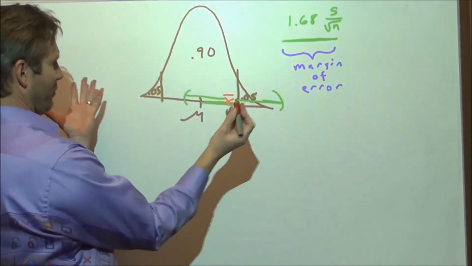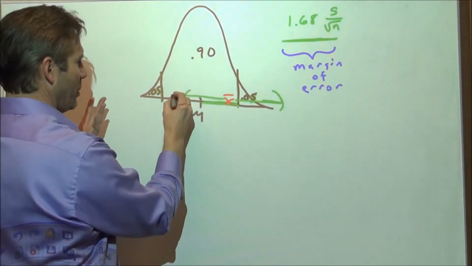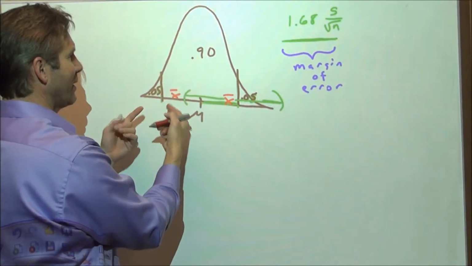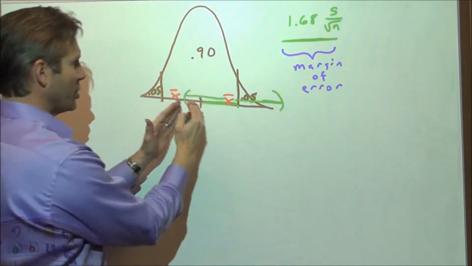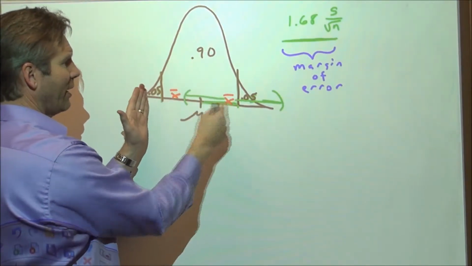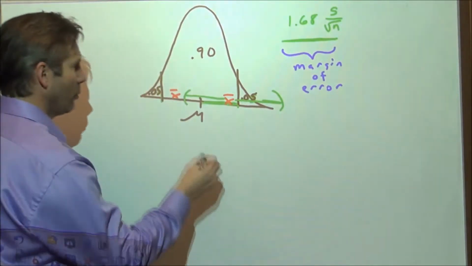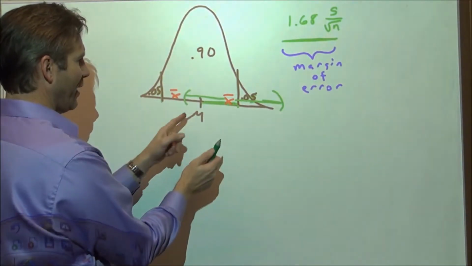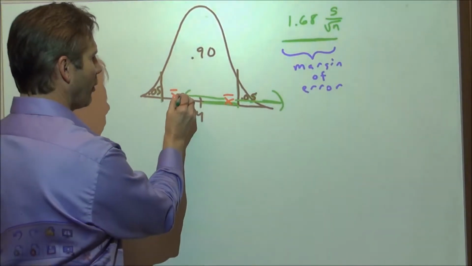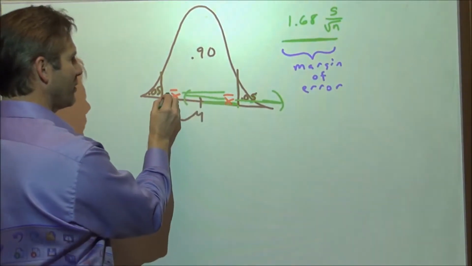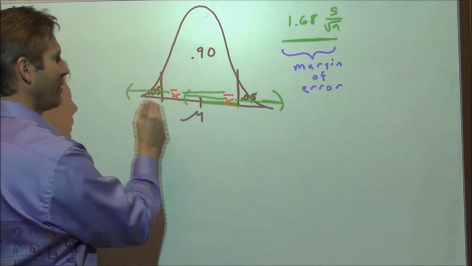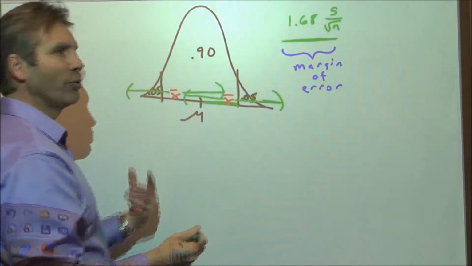Likewise, unbeknownst to us, we don't know where the sample mean is going to be, but suppose we got a sample mean down here. Again, 90% of all sample means should be within the margin of error of the true parameter. So if that was our sample mean, we wouldn't know which direction we'd find our true mean at, but we know that if we add that margin of error and subtract that margin of error, then we're probably trapping the true mean in there.